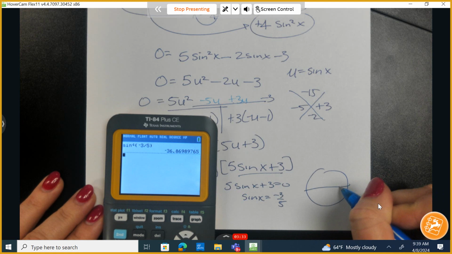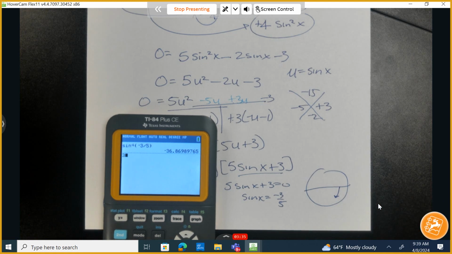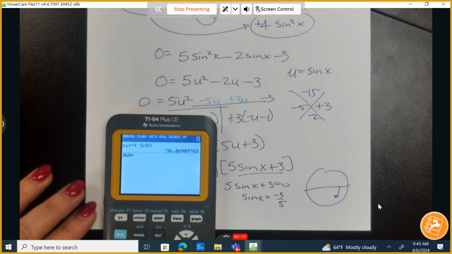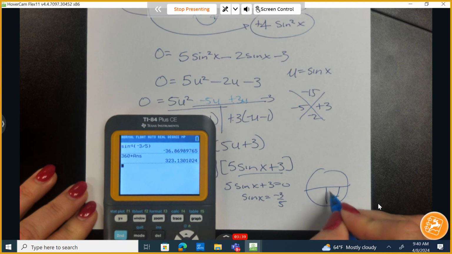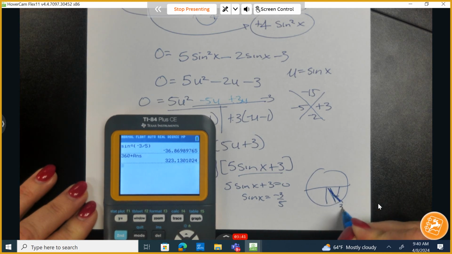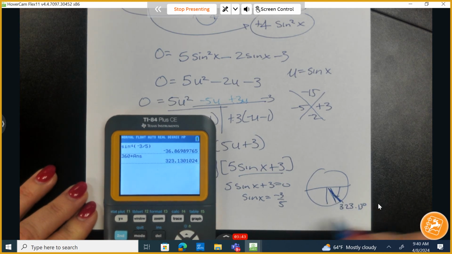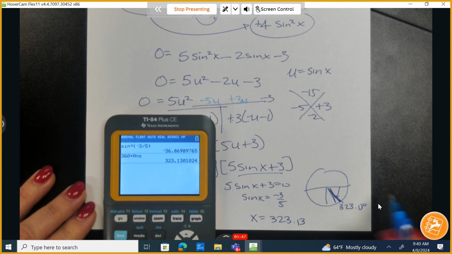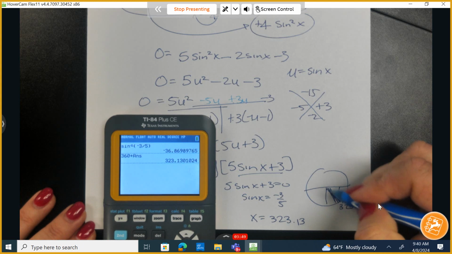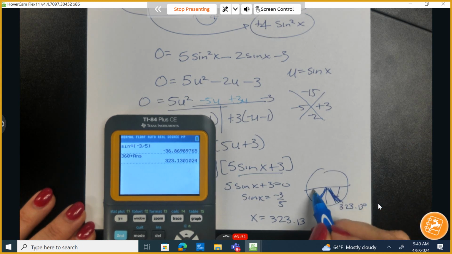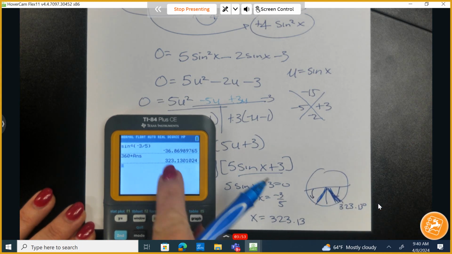That means from here we're going to drop down. So if I take 360 and I add it to that previous value, I get right here, 323.13. So I think tentatively 323.13. Okay, that's one place. Now a negative sine could also be right here. So I want to drop down here a distance of 36.86.